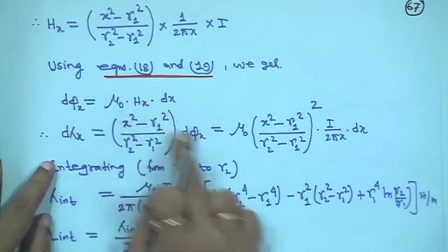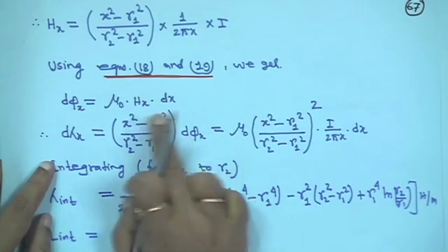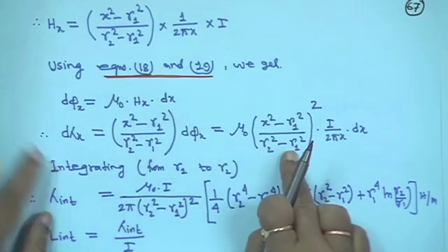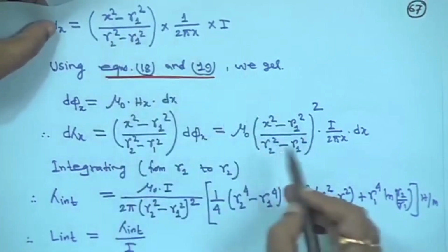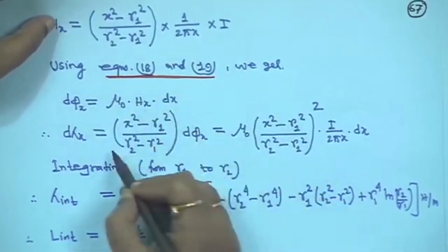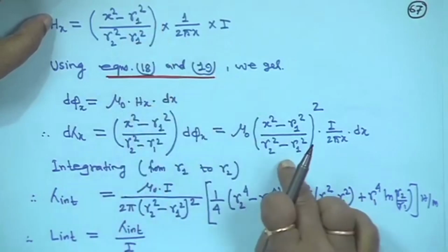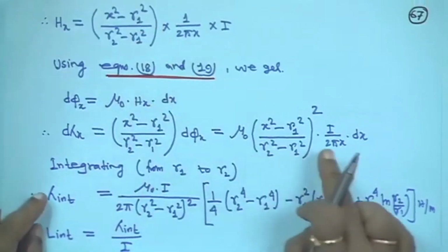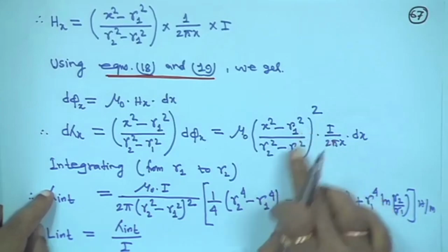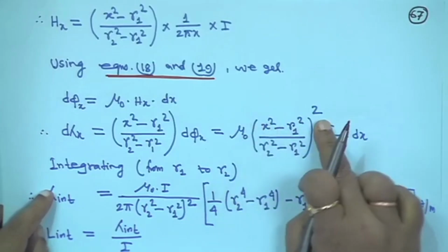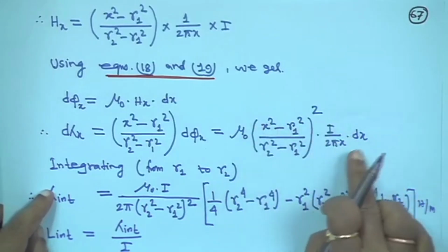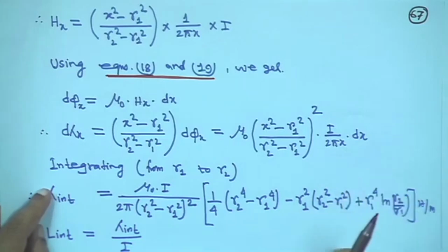Now, you substitute d phi x as mu 0 Hx dx, and substitute Hx here. Finally, you will get mu 0 into ((x square minus R1 square) by (R2 square minus R1 square)) whole square into I upon 2 pi x into dx.